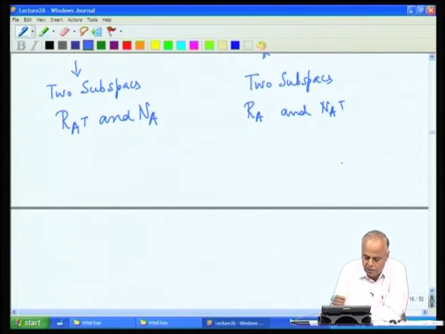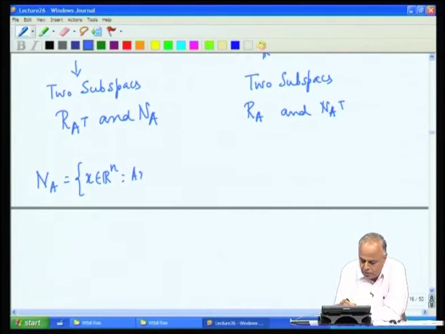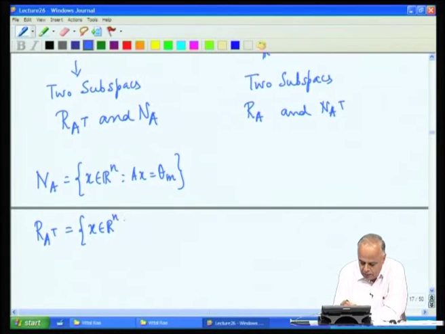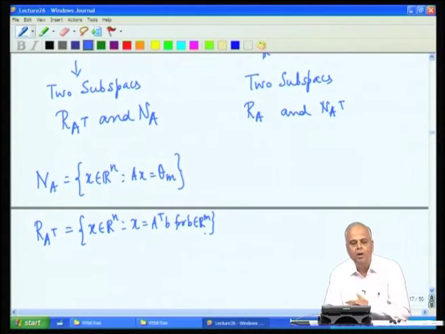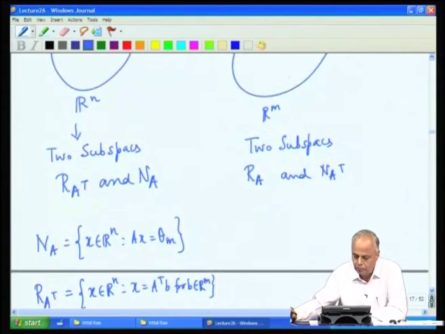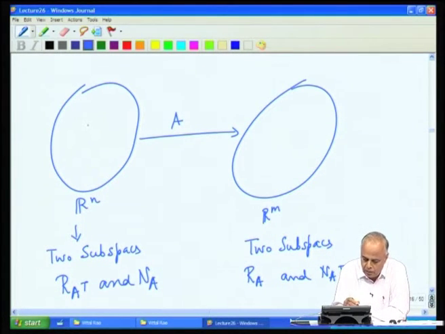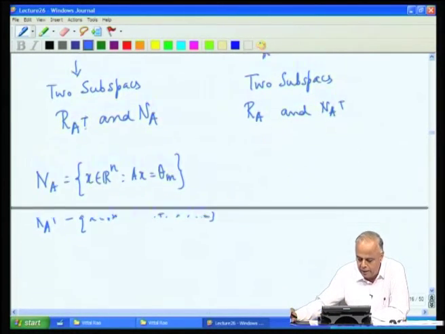What are these subspaces? The null space of A is the set of all vectors in Rn which get mapped to the 0 vector under this transformation, and R(A transpose) is the set of all vectors in Rn such that x is of the form A transpose b for b in Rm. It is the image of some vector. The range is, we consider a vector x, it is the image of some vector under the transformation A transpose.